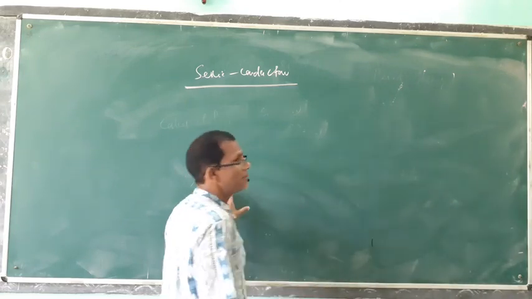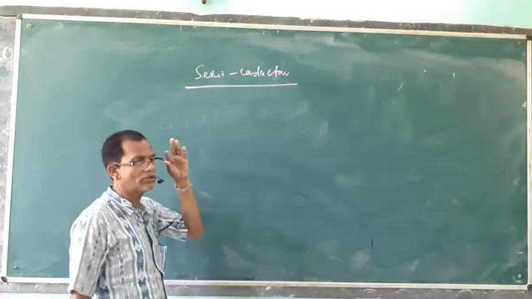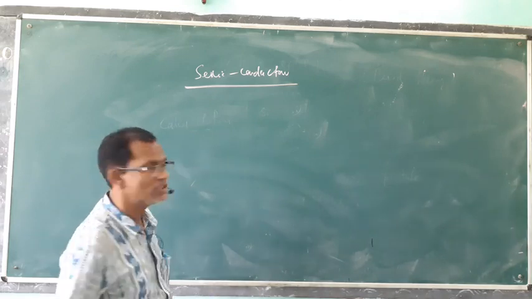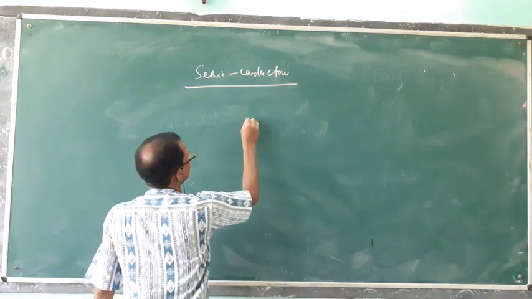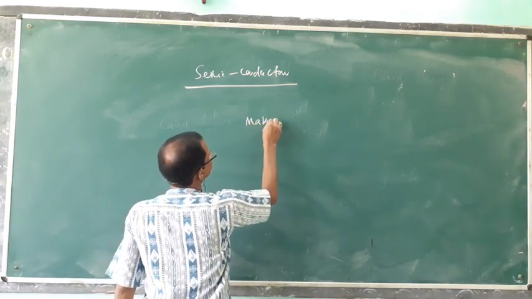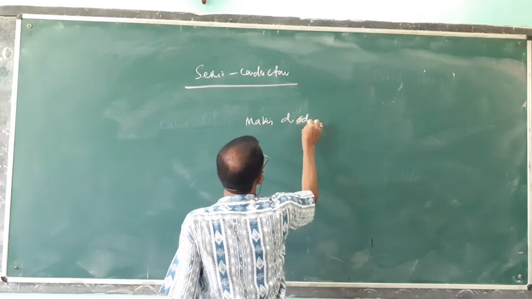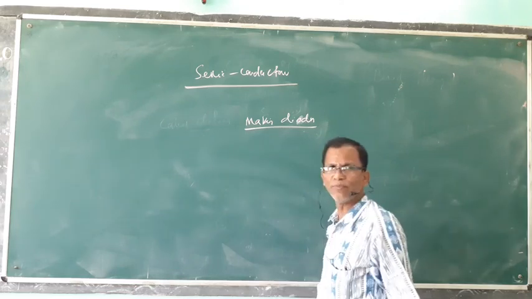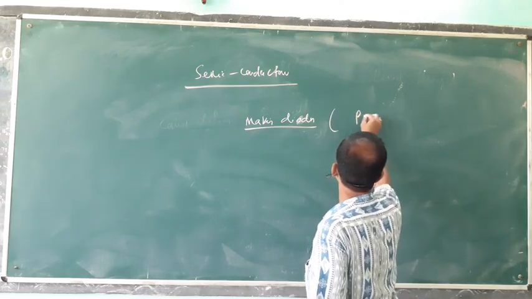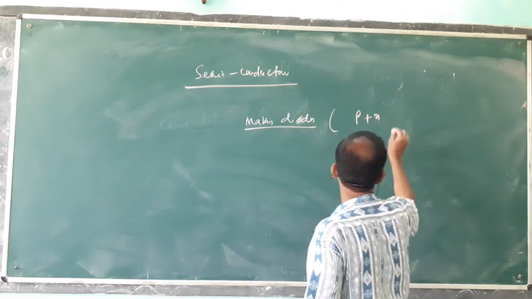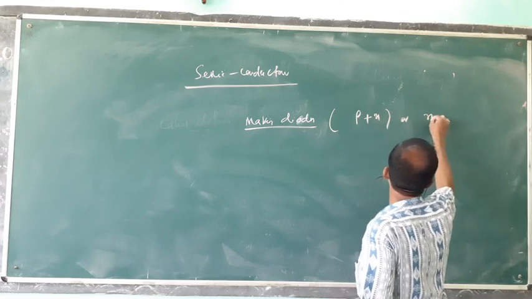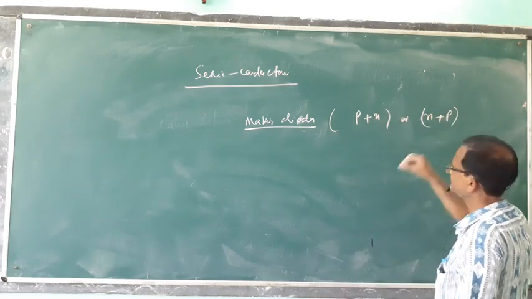Then these p-type and n-type semiconductors are nowadays used in preparing diodes. Diodes means sandwiching p with n or n with p.